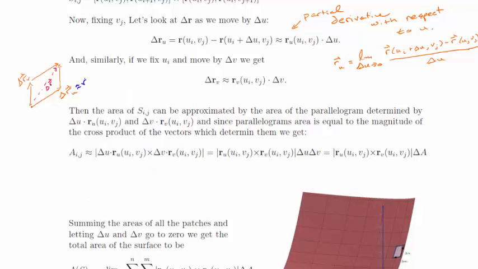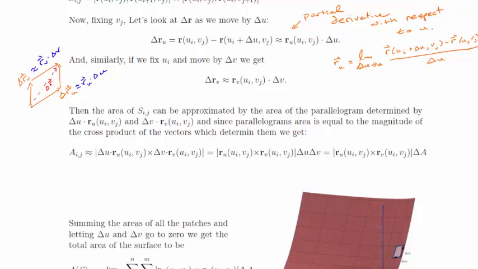So this is approximately r sub u times delta u, and this is approximately r sub v times delta v. So if we can get the area of this parallelogram constructed by these two vectors, then we'll be able to take a limit and work out the total surface area of the region in question.